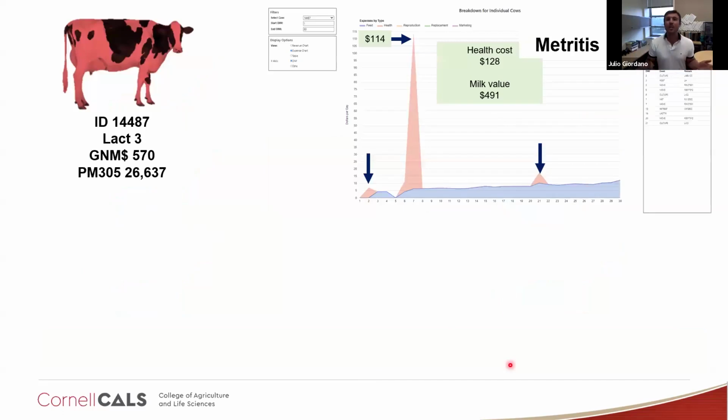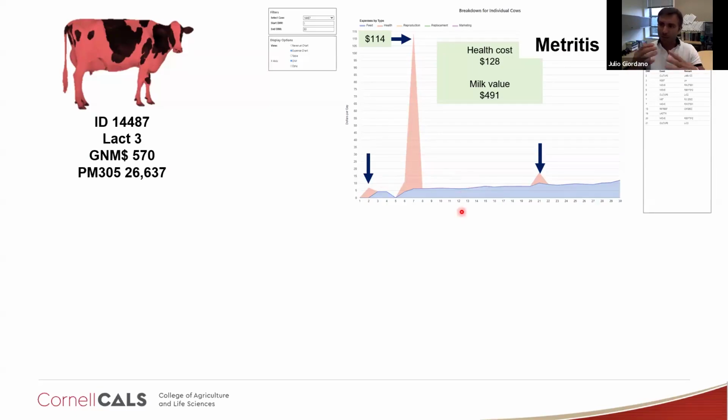So I'm going to show you, of course, as I said, it's cool to look at individual cows. I mean, do you want to know what was the effect of having metritis for cow 14,487 at the farm? And these are the cow features here. You want to know where the expenses came from, you want to have an idea of the value, you can do it, right?